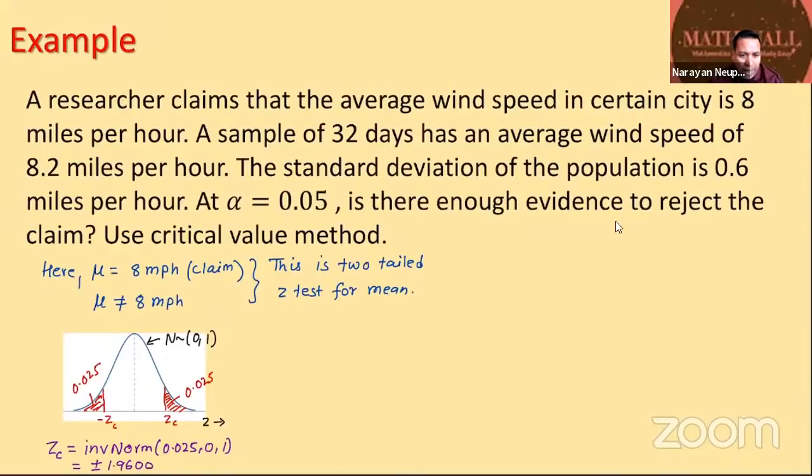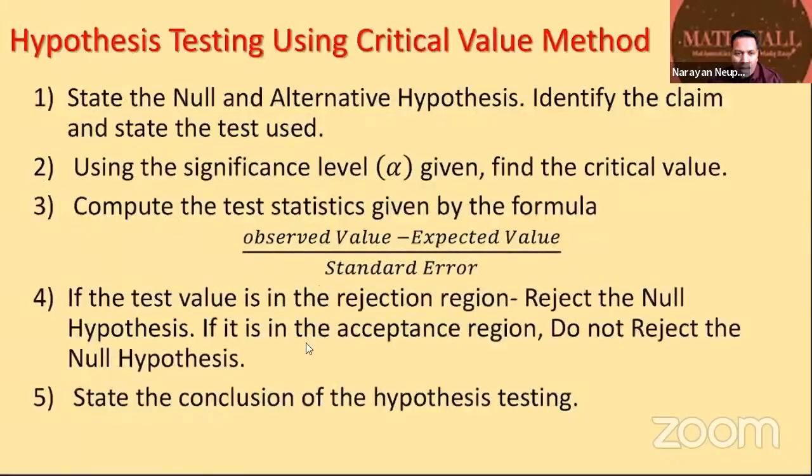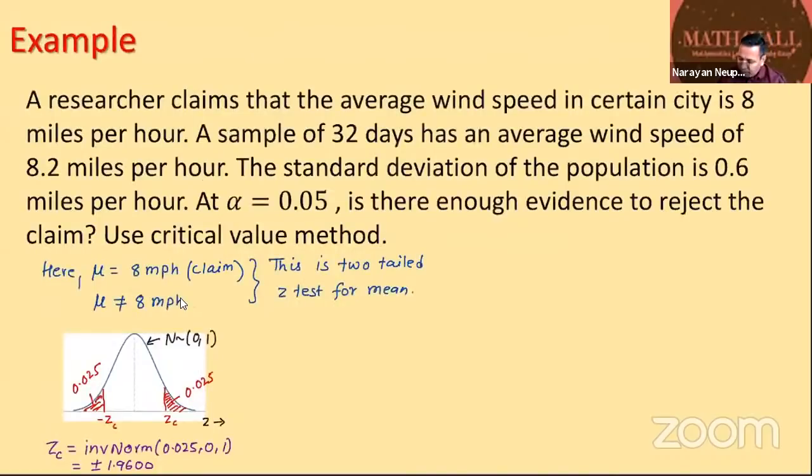So we got the critical value. Now what we have to do is find the test statistic. That is the first step here, this one is the second step. Now in the third step, we have to find the test statistic using the formula. So the test statistic is given by the formula.